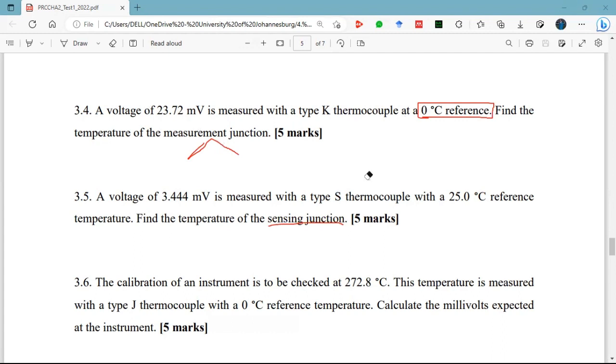Anyway, that is just a concept or a theory. And then let's go now to the diagram and find out how you find that particular temperature.